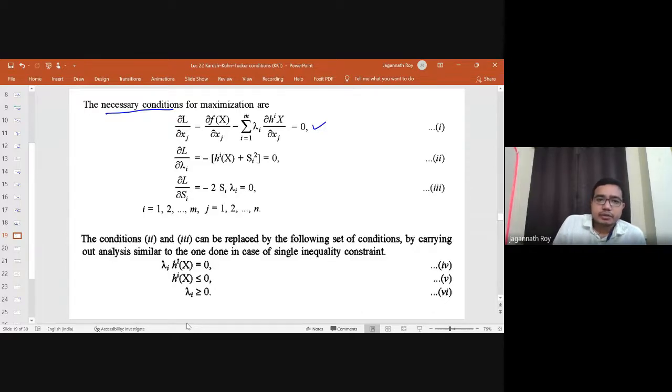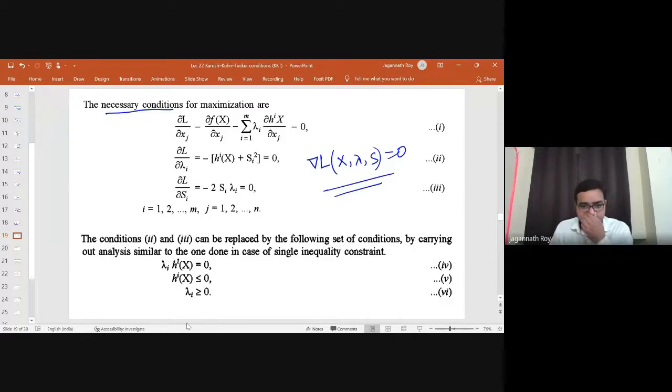We'll make them 0, and then sufficient conditions, again we make them 0, and finally, sorry, not sufficient, these are also necessary. All the partial derivatives with respect to xj, lambda i and si, we have to make them 0. That means in short form, the partial derivatives of L with respect to x, lambda and s, you have to make them 0.